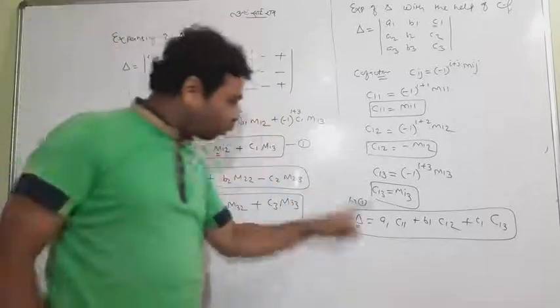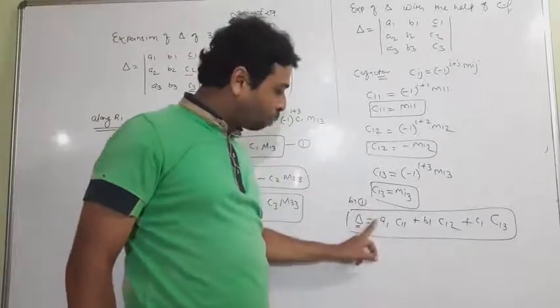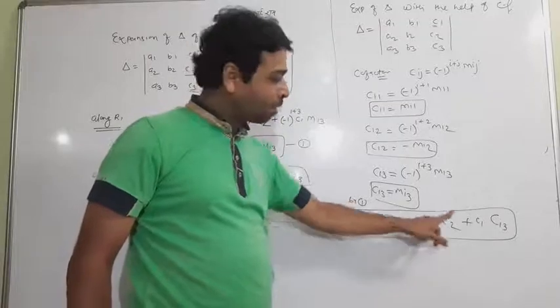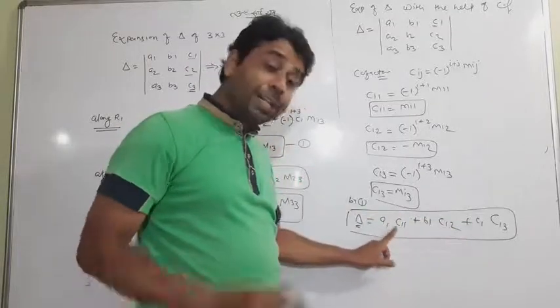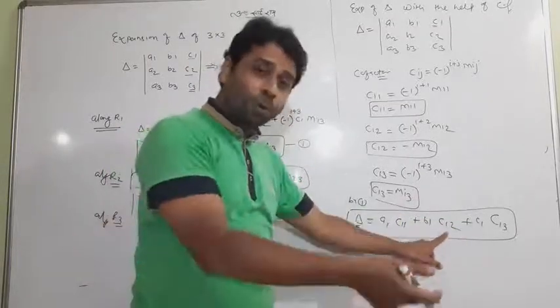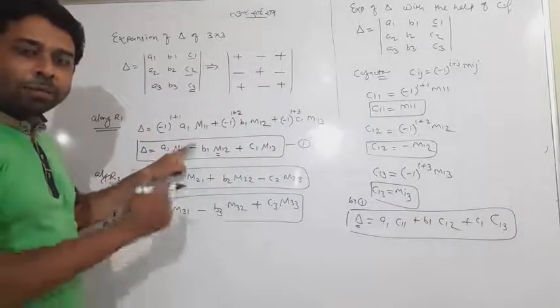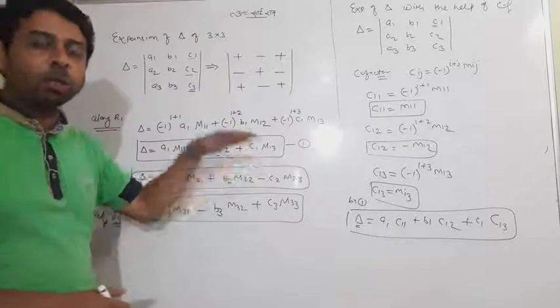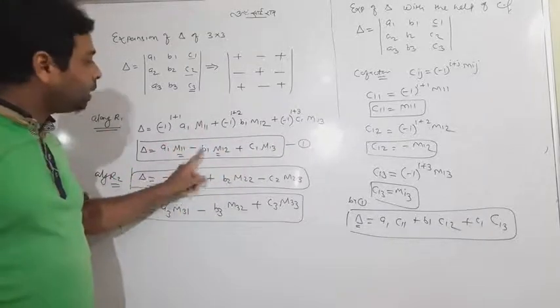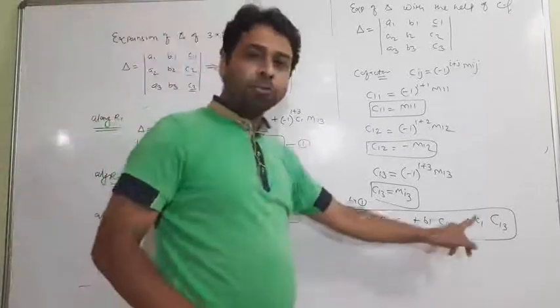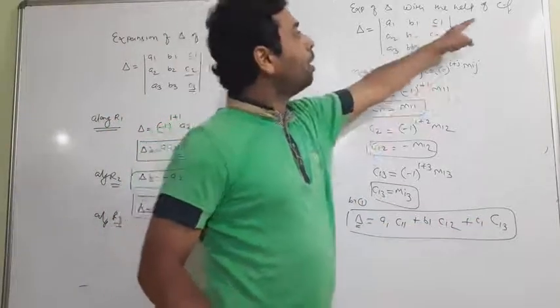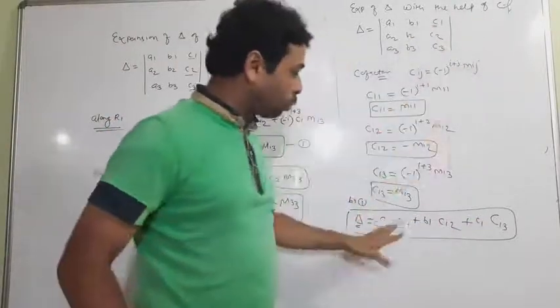But when you go through the cofactor, you have to choose plus, plus, plus. A1 its cofactor, B1 its cofactor, C1 its cofactor. Here it is A1 its minor, B1 its minor, C1 its minor, and the signs are plus, minus, plus. Here it is plus, plus, plus. Hope you're getting it: with the help of cofactor, you always choose the plus sign.